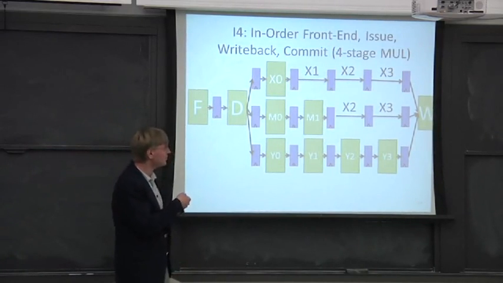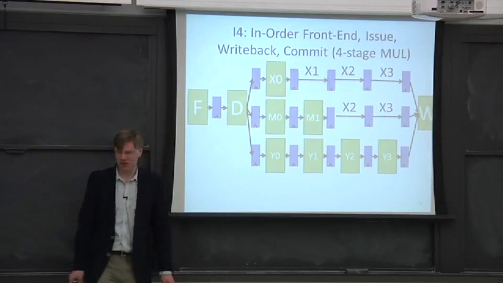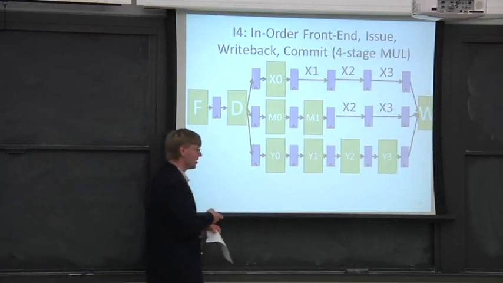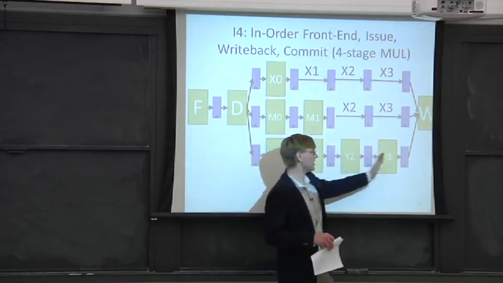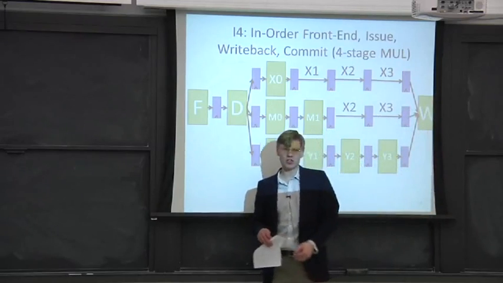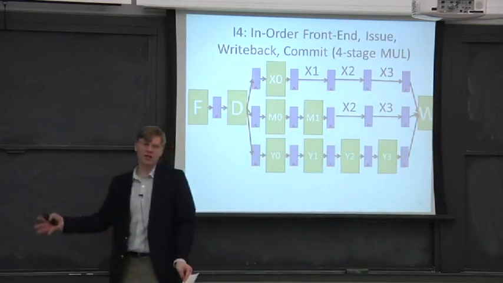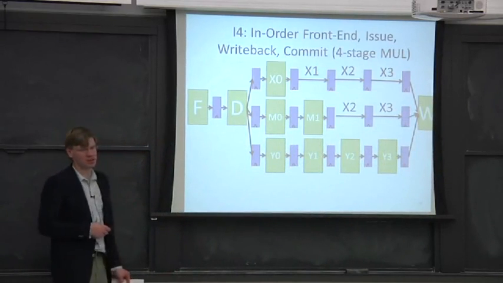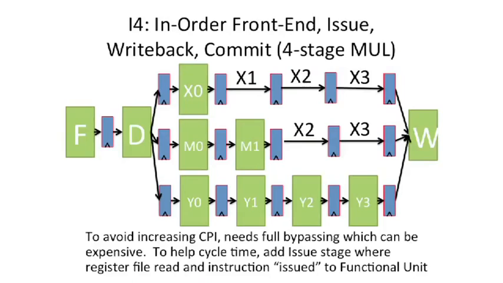And that's pretty much to be expected. If you don't bypass, and you have to wait for everything to get back to here, your clocks per instruction of your machine goes up. And we sort of go back to that simpler machine we had seen in earlier classes, where you have to wait for instructions to go all the way to the end of the pipe. And that's a bummer.